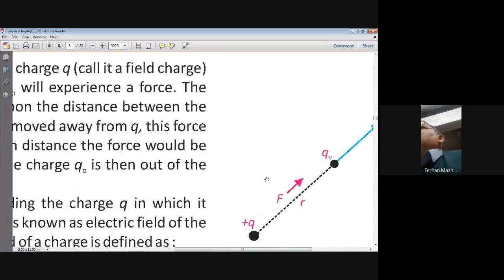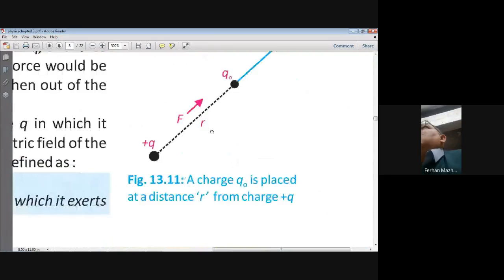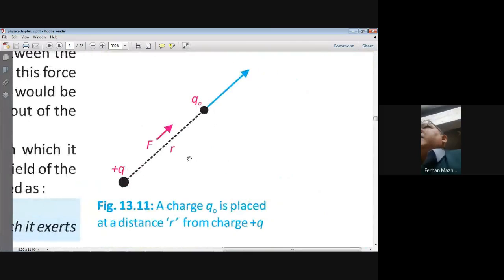You see, in this diagram, here I have a positive charge Q.